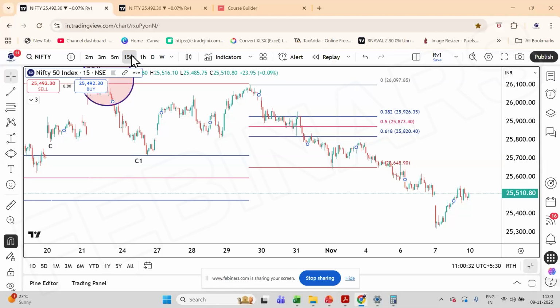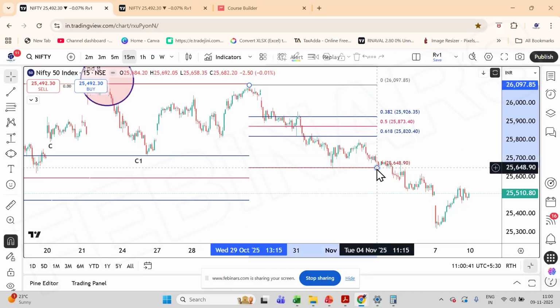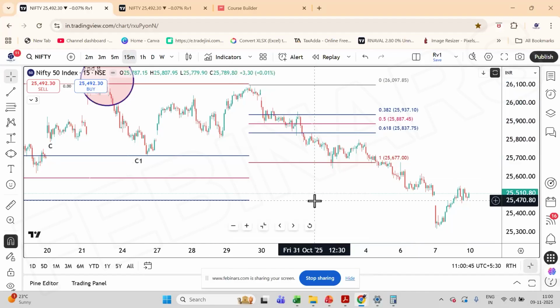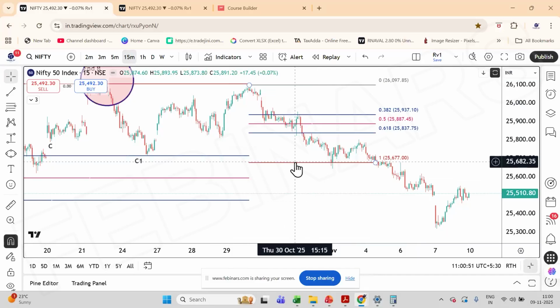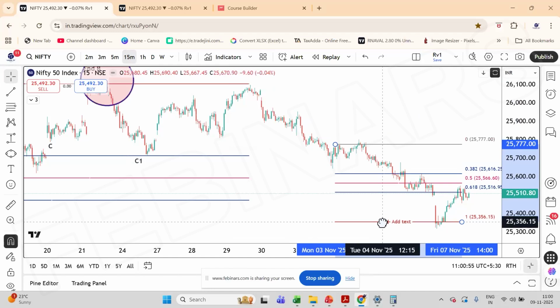If we take it as an ABC pattern or WXY as a trend, this is basically the Nifty chart. I am going to just in a simple way move the grid.